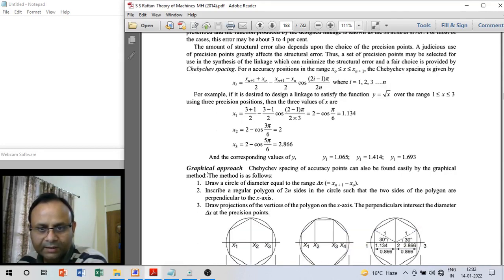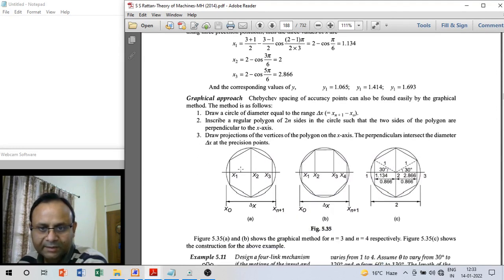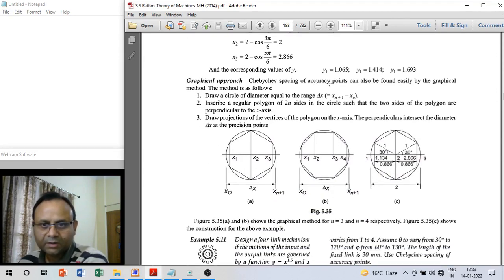There is also a graphical approach to that, which is described here, the same Chebyshev spacing. So the method is like this: first you draw a circle whose diameter is equal to the range, so xn plus 1 minus x0 equal to the range. So you draw that circle here. Okay, you can see that this is like a number line. And within the circle it says inscribe a regular polygon of 2n sides.